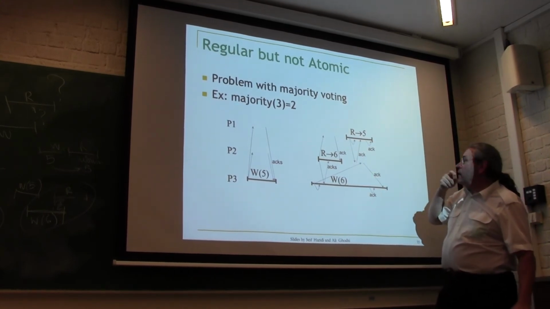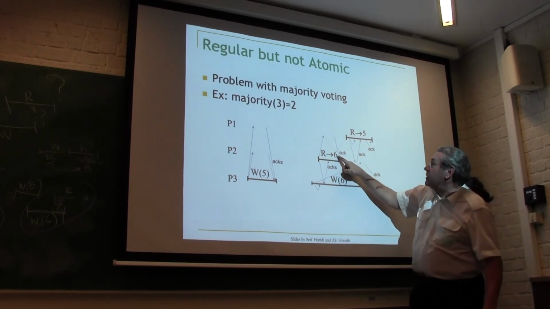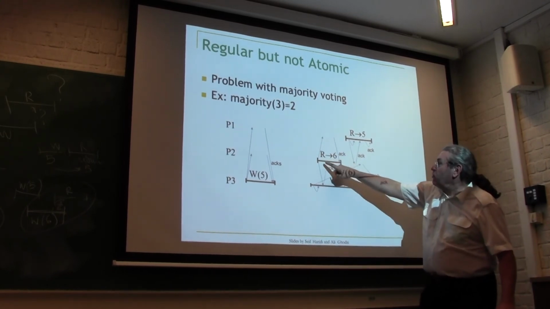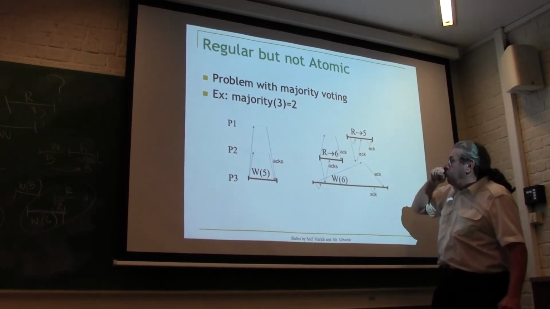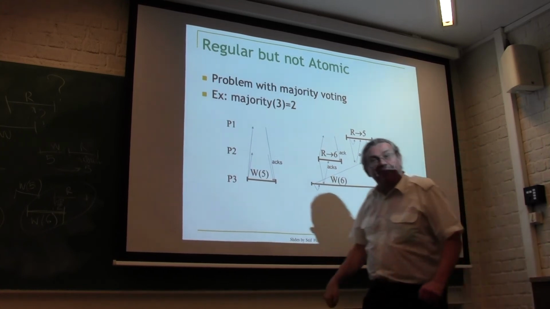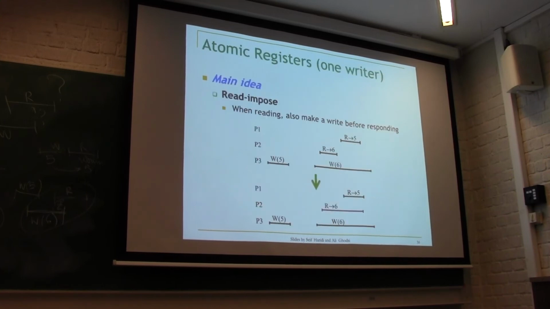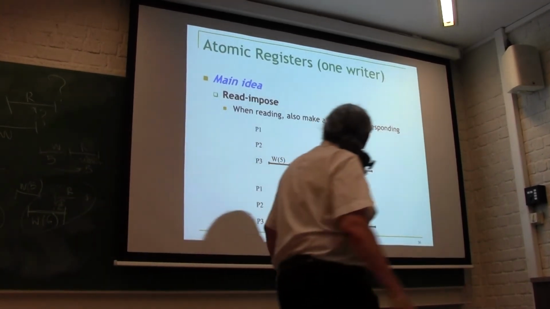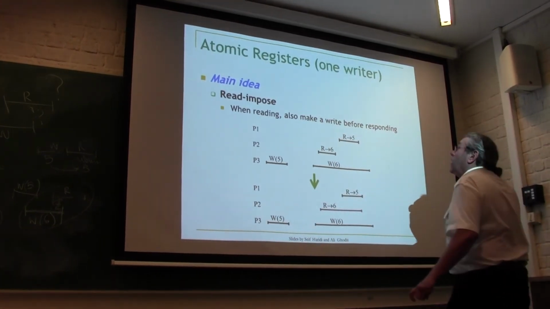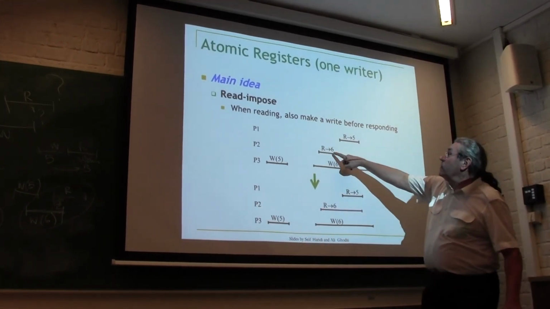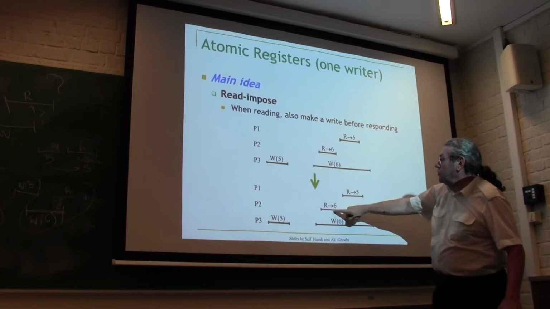Well, one way is if we read a 6, when we read a value, we also write the value at that time. So the idea is that when you read, you make a write also.